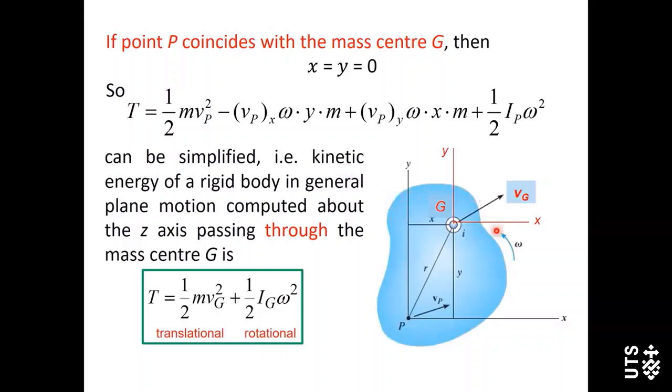Okay, look at this diagram. If point P we select coincides with the mass center point G, this means if we select the mass center point G for the calculation, then in this diagram you can see both x and y in this equation become 0.